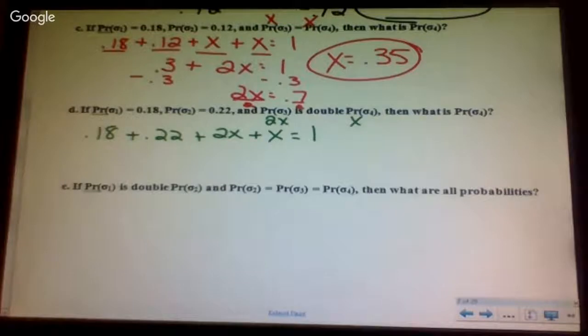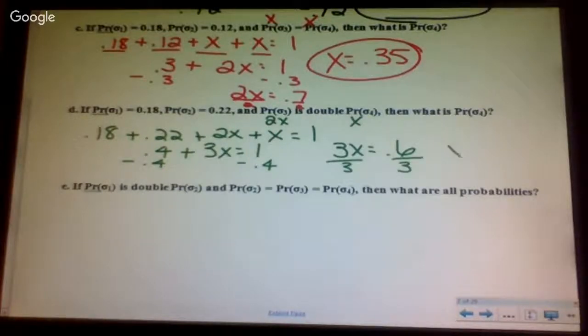So now we combine like terms and I get 0.4 plus 3x equals 1. Minus 0.4, that 3x equals 0.6. Then you divide. Let me do that real quick.